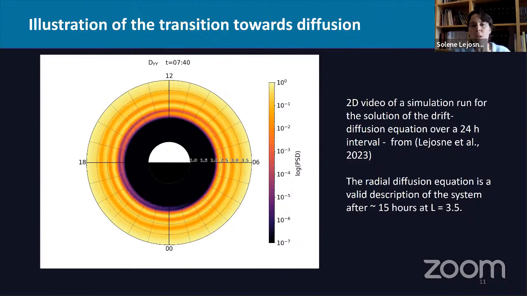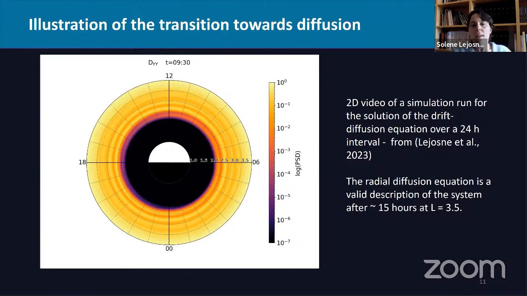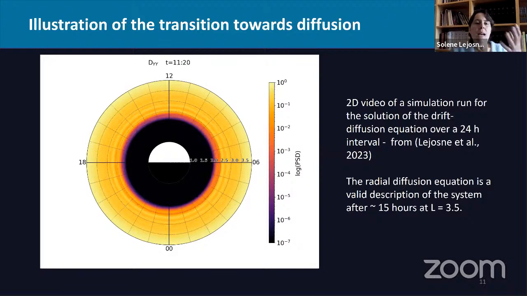So the injection becomes a spiral. As it's drifting, we also have some diffusion, so the magnetic local time dependence is disappearing. After only about 15 hours, we don't depend on magnetic local time. Now we are in a purely diffusive regime. So we observe the transition from injection to diffusion. We can implement this continuum, and that is interesting in my opinion.